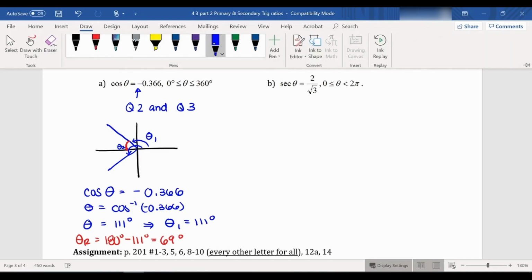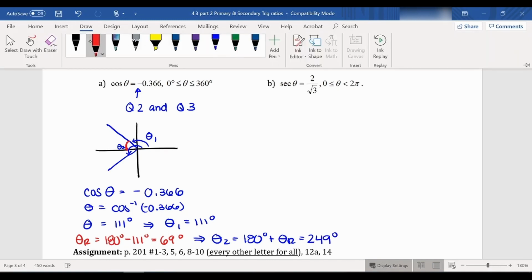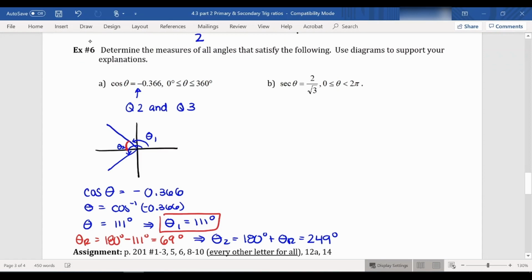And this will help us find our second angle, which is 180 plus our reference angle. So 180 plus our 69 would give us 249 degrees. So I have two possible angles here. And this told me that I wanted to be in degrees.